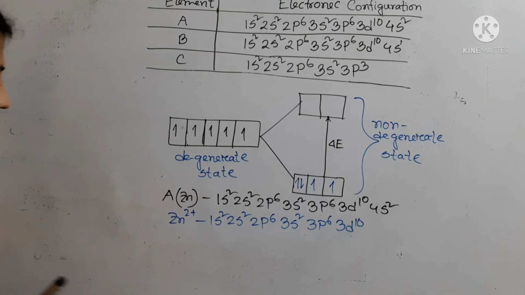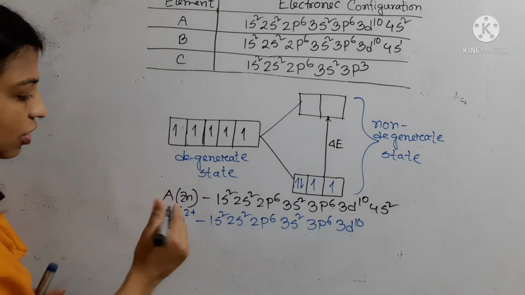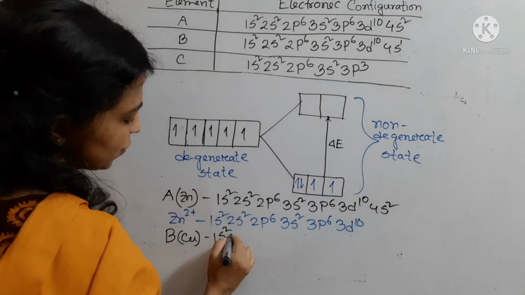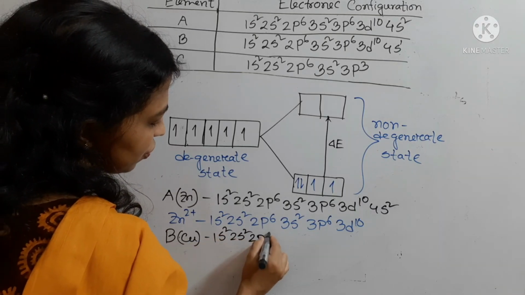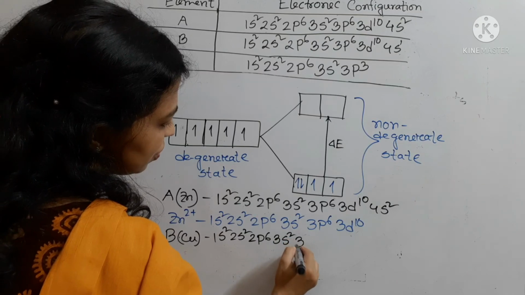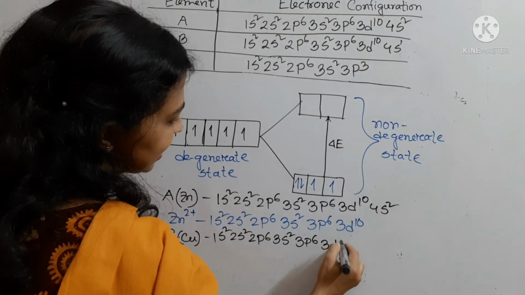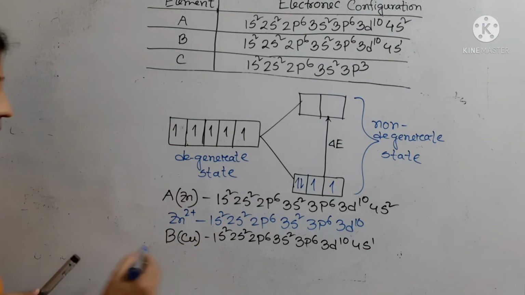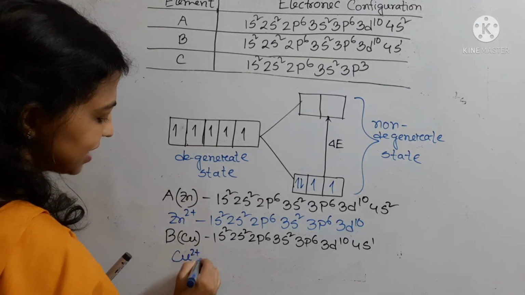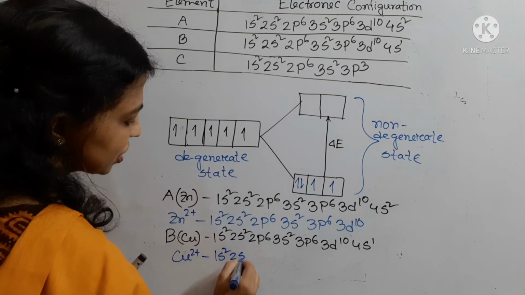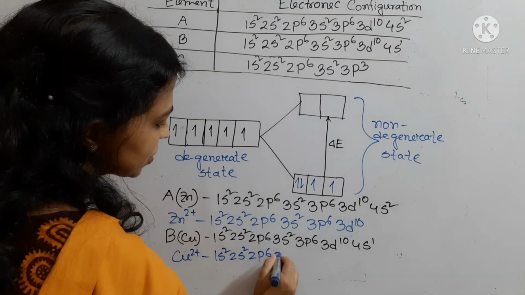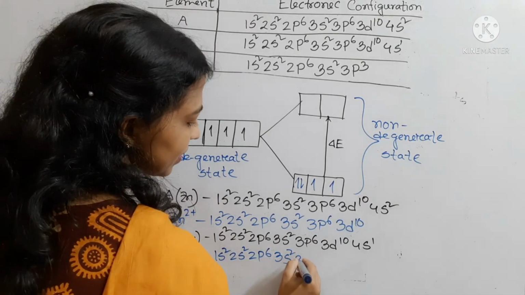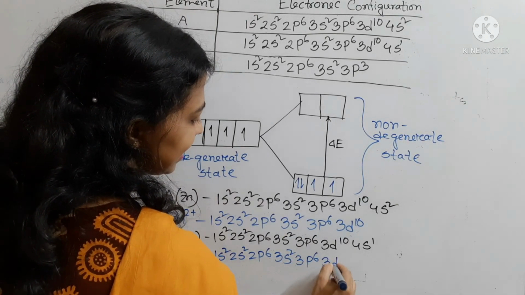But for B, that means for copper, the electronic configuration is 1s2, 2s2, 2p6, 3s2, 3p6, 3d10, 4s1. And its stable ion is copper 2 plus. Its electronic configuration is 1s2, 2s2, 2p6, 3s2, 3p6, 3d9.